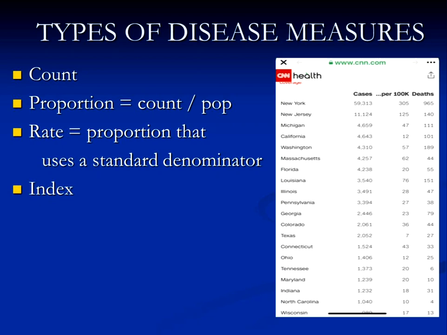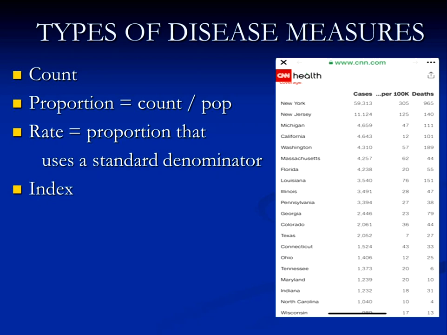A proportion is basically a count divided by the population number. And then a rate is a proportion, but it uses a standard denominator instead of the total amount of people within that population. You can see that in the third column of that CNN clipping. It says cases per 100,000. That's a rate.